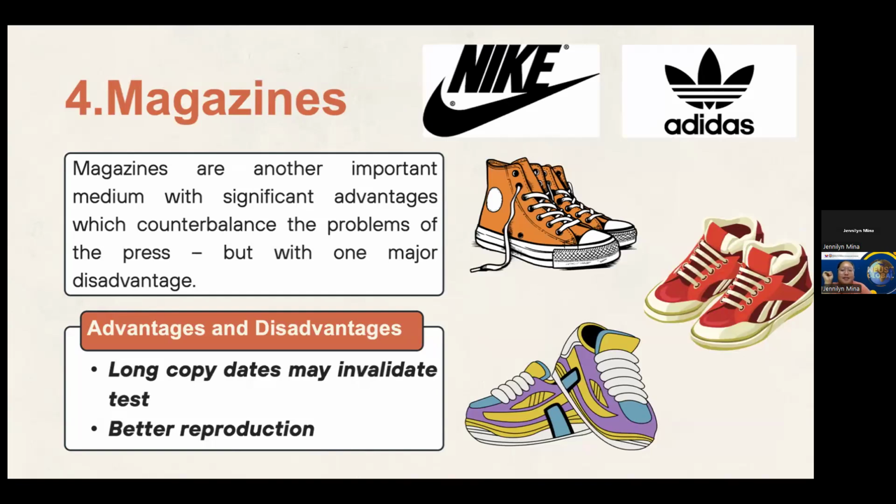And of course, we also have the magazine. Magazines serve as an effective advertising medium, particularly for brands that want to create visually appealing campaigns. They offer high quality color reproduction, allowing brands to showcase their products in a vibrant and attractive way. Consider a popular shoe brand like Nike, Adidas, or Converse launching a new line of athletic shoes.